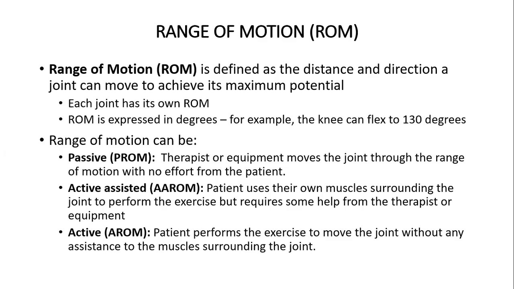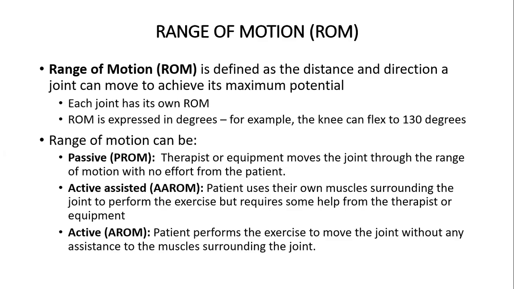Active assisted range of motion, AAROM, means that the patient will use their muscles up to what they can perform. So the normal shoulder flexion is 180 degrees. Let's say on my right arm, I move it up, I can only get to 90 degrees. So I'm moving it by myself, but I can't go through my full range of motion.